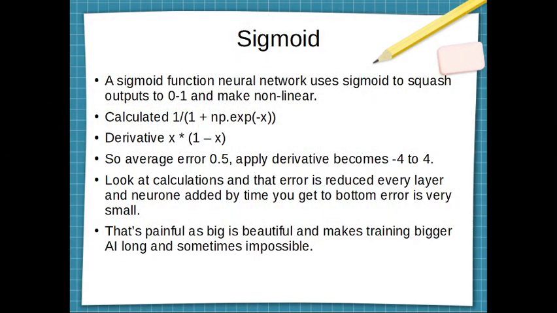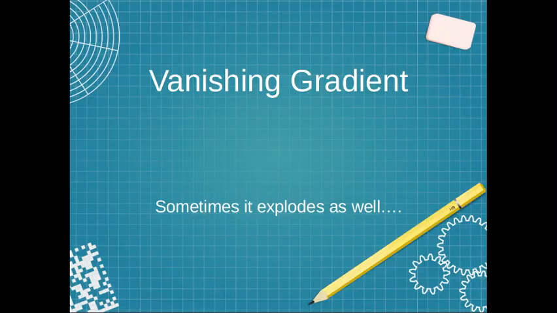So I'm going to quickly do a slide deck to talk about what I just said. We'll go back to the beginning. So the problem here is the vanishing gradient. This is what we call the problem of apportioning out the error backwards and down the line in the neural network.